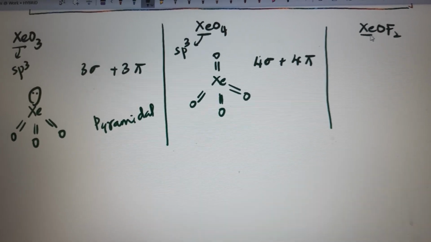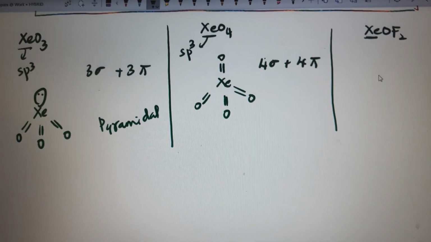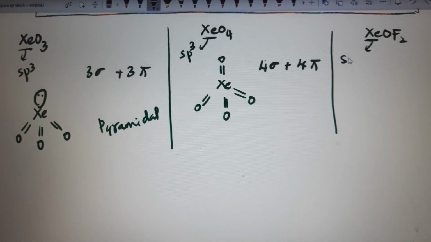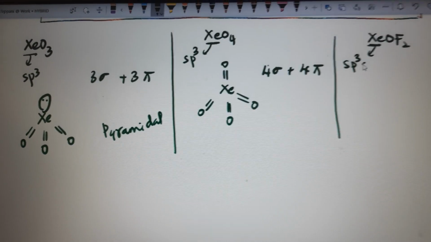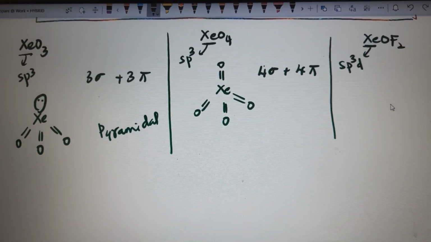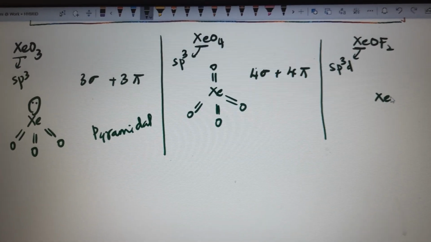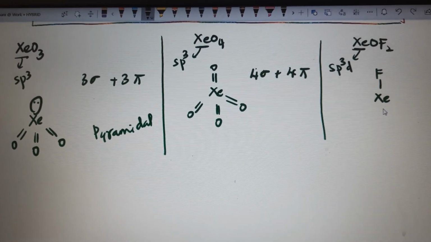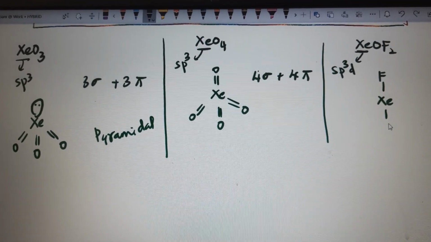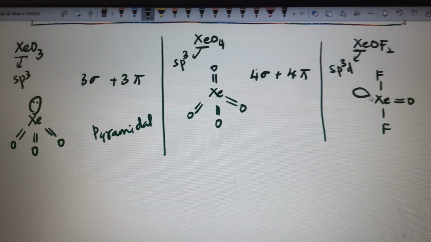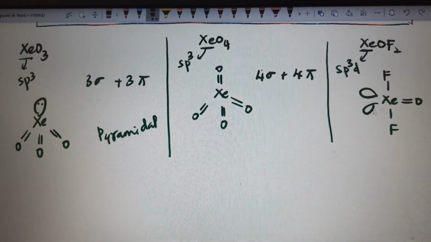XeOF2: Xe is sp3d hybridized. The more electronegative atom, fluorine, prefers to occupy the axial position here, with two lone pairs in the equatorial position.